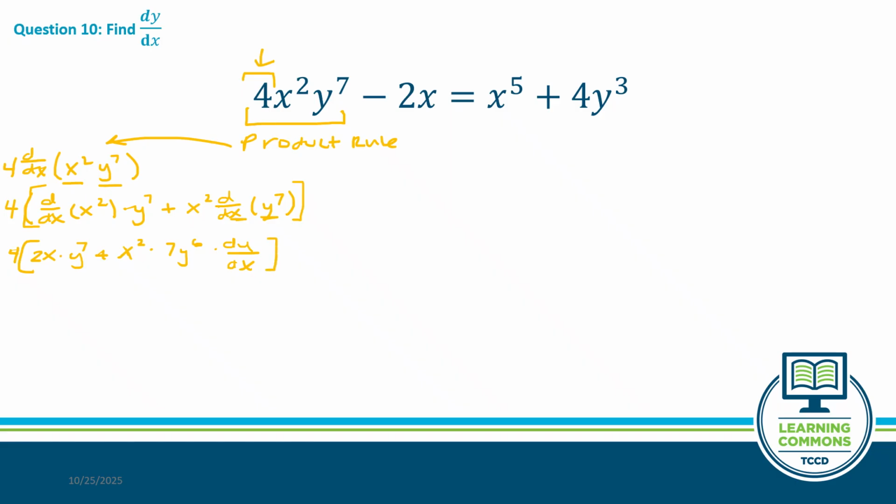Now, I'm going to write this a little bit nicer, and then I'll redistribute that 4 back into there. 2xy to the 7th plus 7x squared y to the 6th dy dx. Okay?